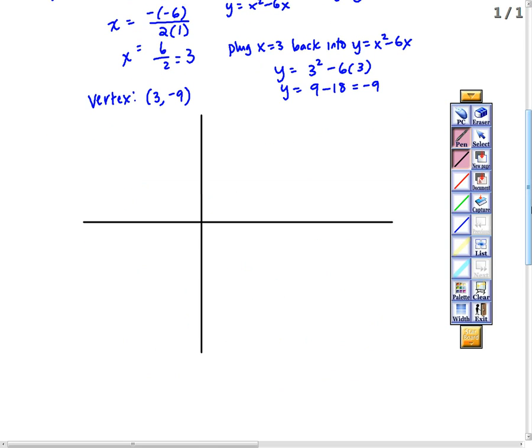So I just need to get to negative 9: 1, 2, 3, 4, 5, 6, 7, 8, 9. Obviously my scale isn't quite perfect, but it's good enough. So I can plot the point (3, -9).